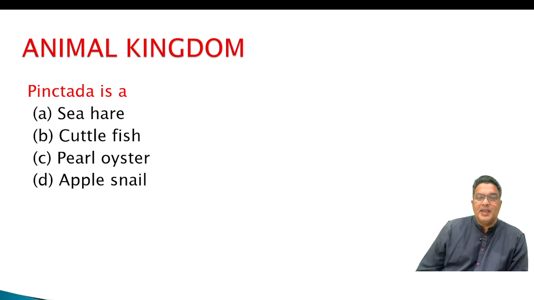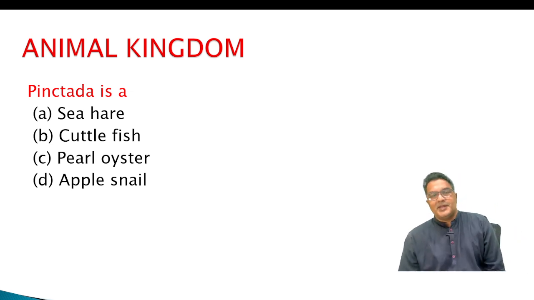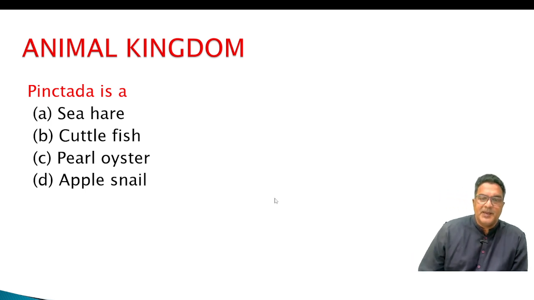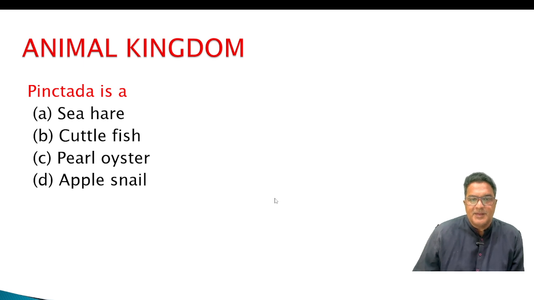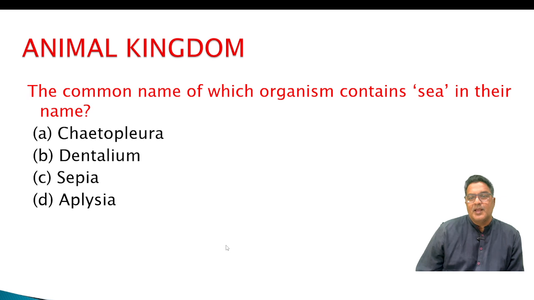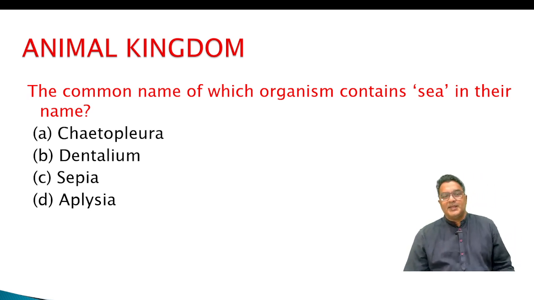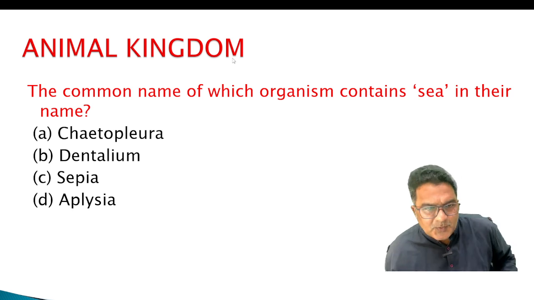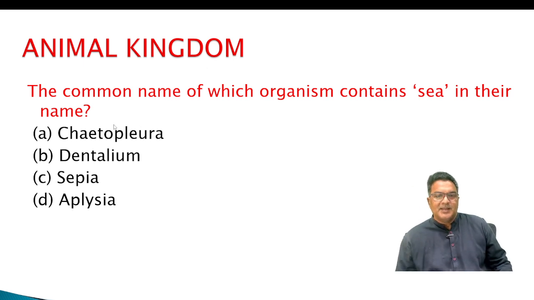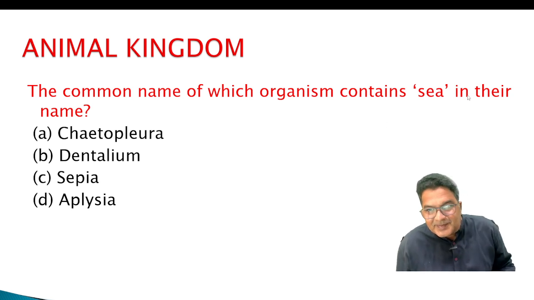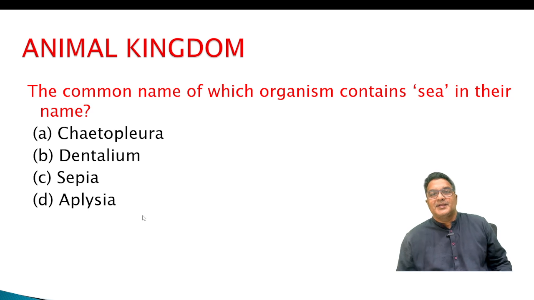Pinctada, pearl oyster; Aplysia, sea hare; Sepia, cuttlefish. Which organism's common name contains C? You should know the common names to answer like this. Chitopleura, chiton, as I said previously; Dentalium, tusk shell; Sepia, cuttlefish. We need C. Aplysia, sea hare.